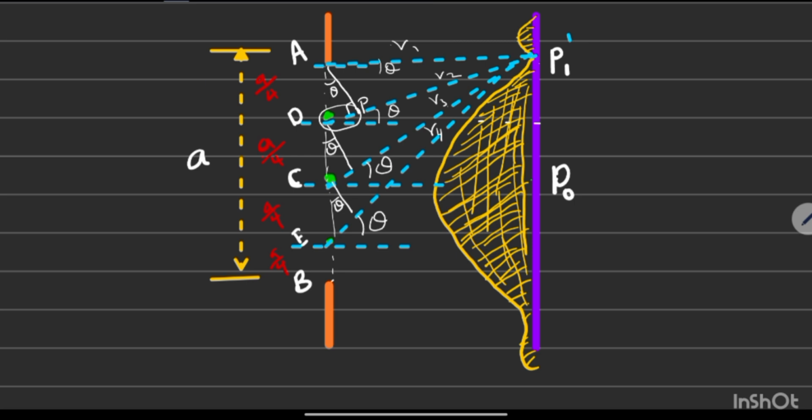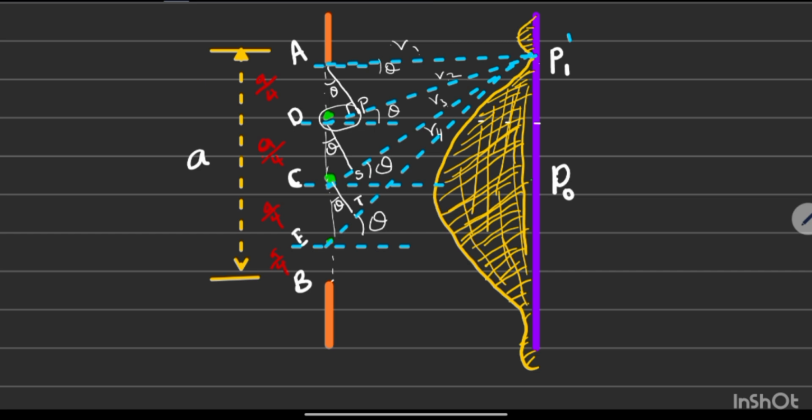So the path difference between ray 1 and ray 2 is exactly dP. Similarly, the path difference between ray 2 and ray 3 is, let's call this point as S, and the path difference between R2 and R3 is CS. Similarly, the path difference between ray 3 and ray 4 is, let's call this point as T, ET.